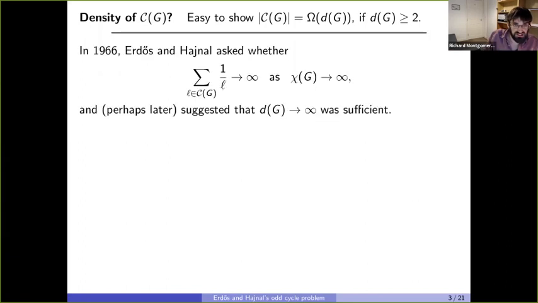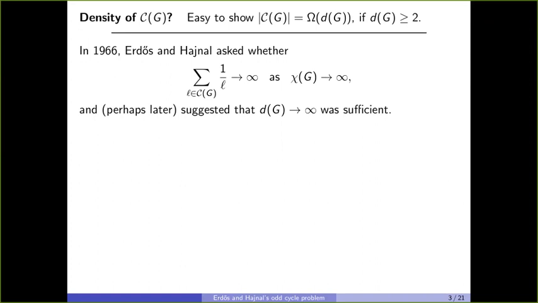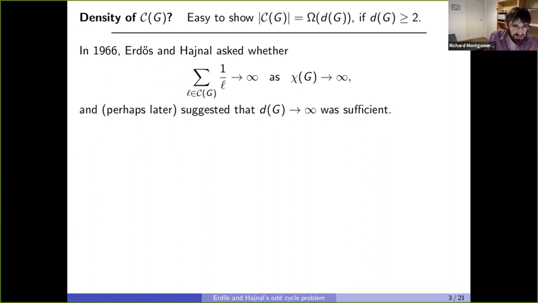More than half a century ago, Erdős and Hajnal suggested the following density function: taking the sum of the reciprocals of the cycle lengths of a graph. They asked, can you make that sum arbitrarily large by making the chromatic number of a graph increasingly large? They also suggested that maybe you don't need the chromatic number, just the average degree. Making it large should be sufficient.